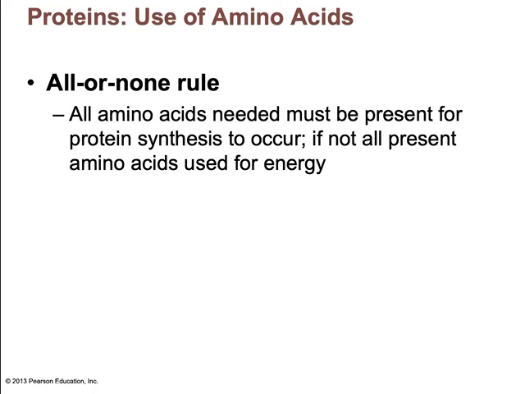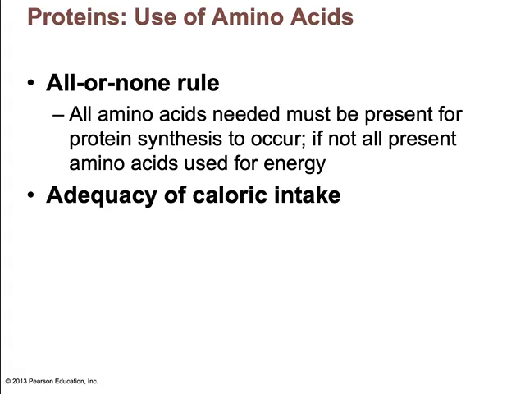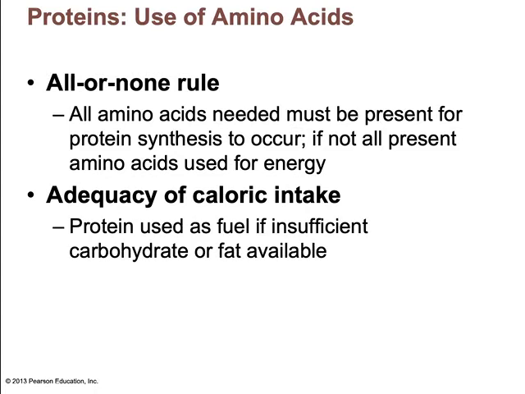All amino acids are needed in order to build the proteins in our body. If they're not all present, then we can't build those proteins that promote life. Protein is used as fuel if we don't have enough carbs or fat. So if you eat a balanced diet, your protein component is going to be primarily to make new protein. It's not going to be to generate energy. Okay, it's basically building blocks.